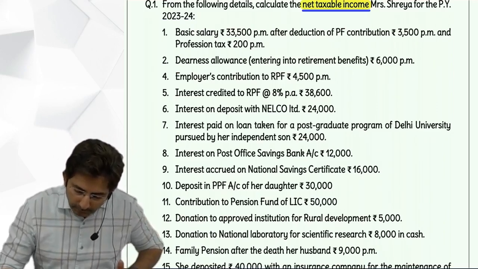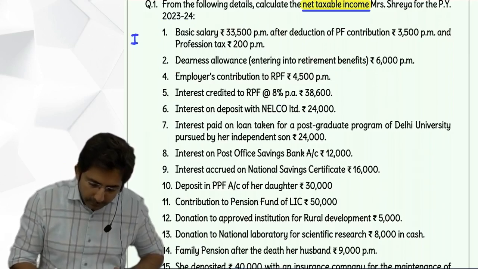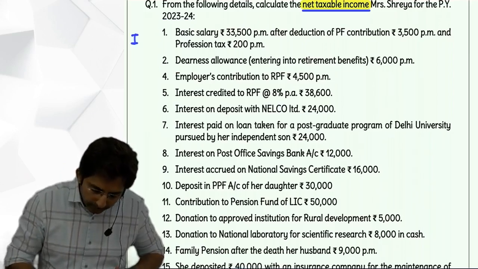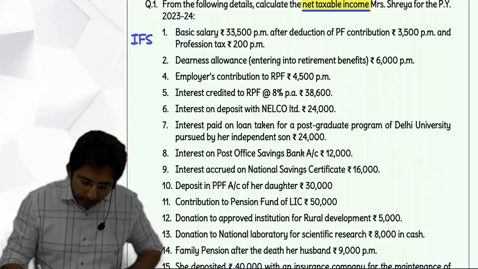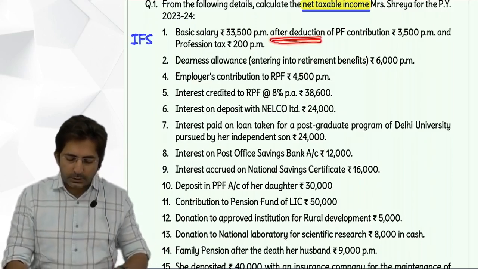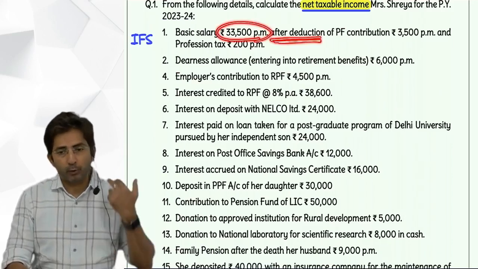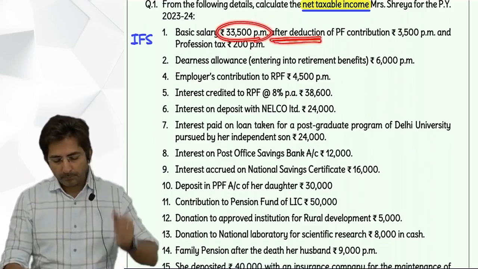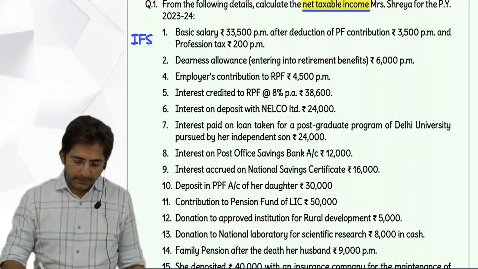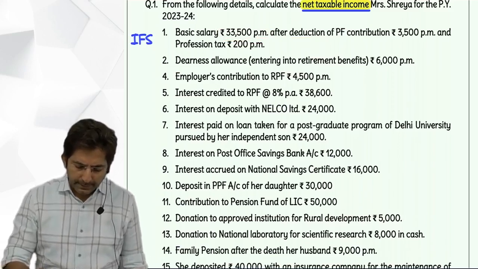Okay, so start. First is basic salary. You can write there IFS. But tell me the effect also. Basic salary 33,500 after deduction of PF contribution and profession tax. That means this is a net amount. You will have to make it gross. Then the calculation we'll do later. Right now finish the effects. Next is DA.